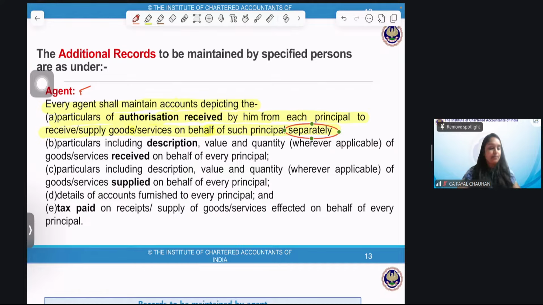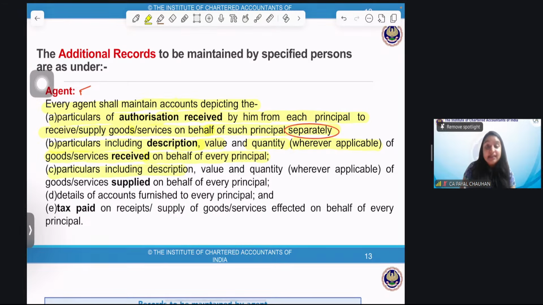Yes, it is separately. Then we have next, particulars including description. I had the authorization. In the second, I'll make a brief entry regarding the description, the value, the quantity of goods and service which I received on behalf of every principal.